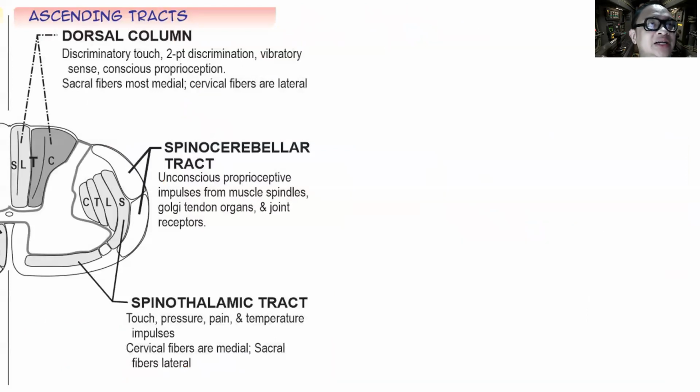Let's look at it in more detail. Here are your dorsal column tracts. You might wonder why it's colored differently. It's because your dorsal columns have two distinct bundles. We'll discuss that in a while. Just to go back to our first track, remember your spinothalamic anterolateral system.